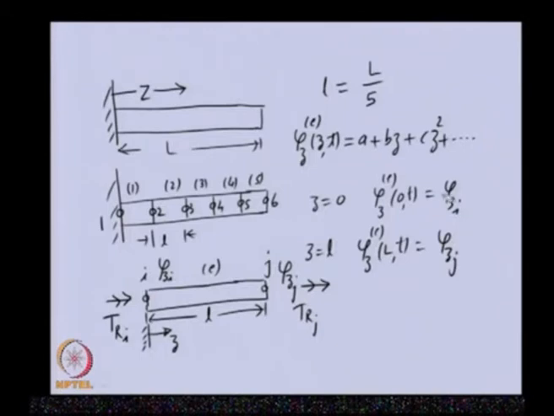So, we expect that these constants will be in terms of these field variables at node i and j.